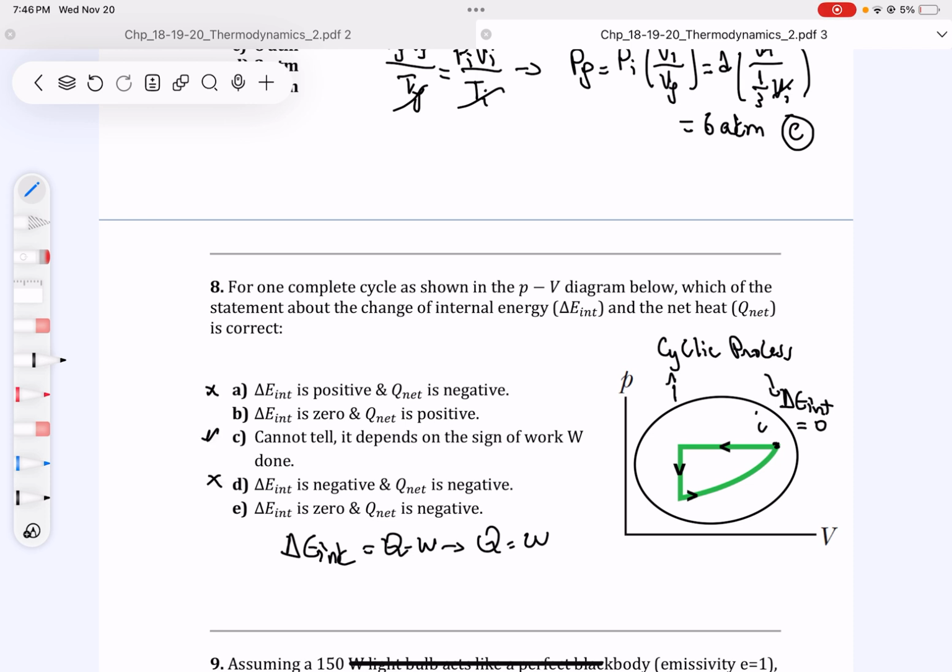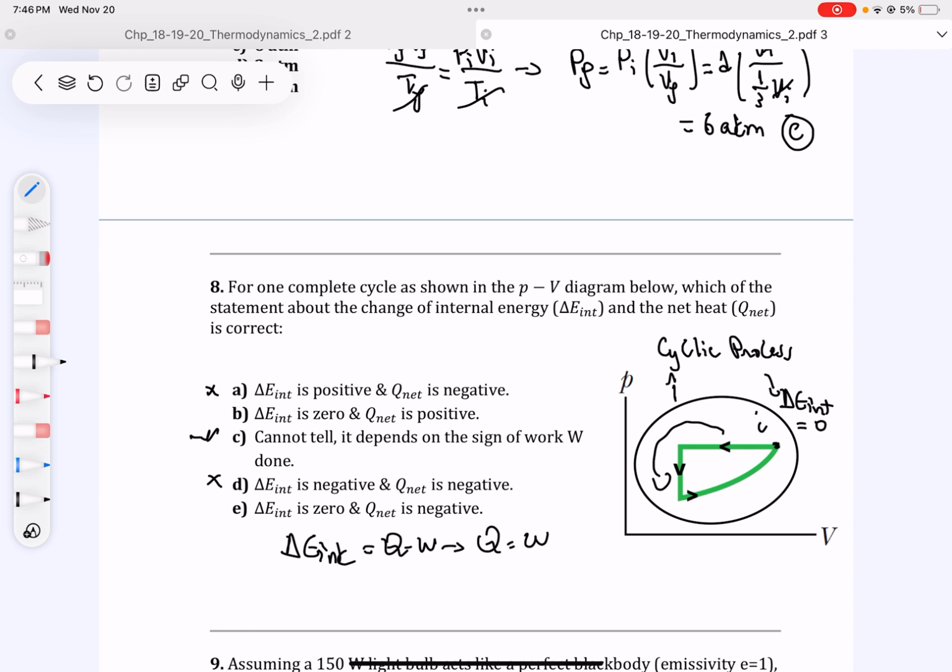Yes, we can say if this is true or not. But let's continue. You cannot tell. It depends on the sign of the work. That's true. It depends on the sign of the work done. But from here, what we see? We see that it's going like this. What does that mean? That it's compressed, then it expands.